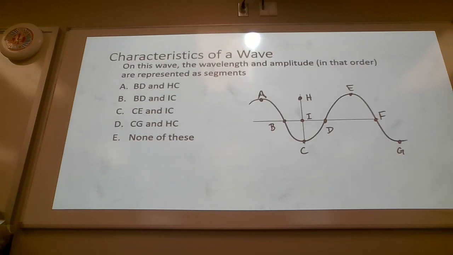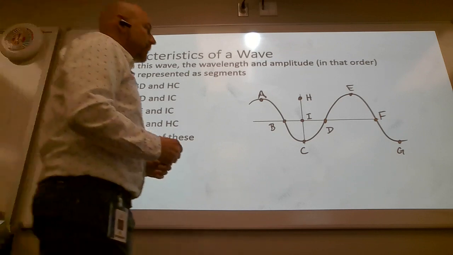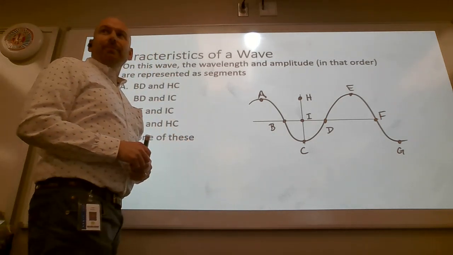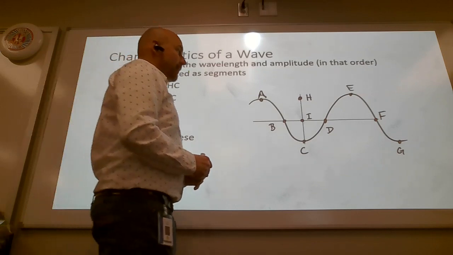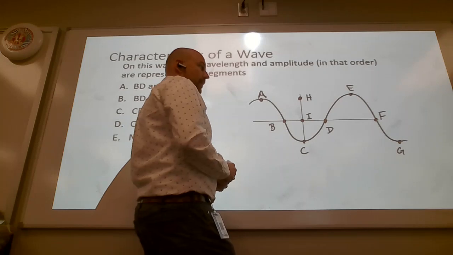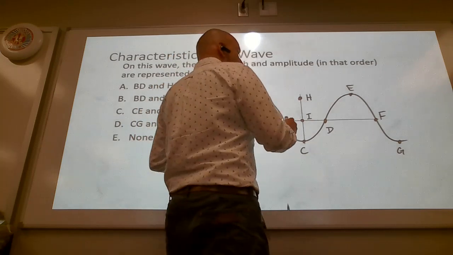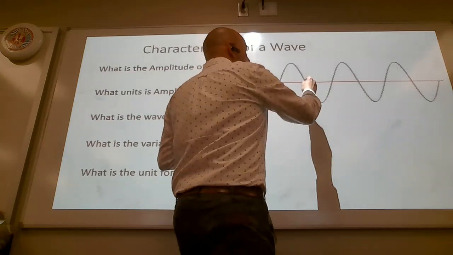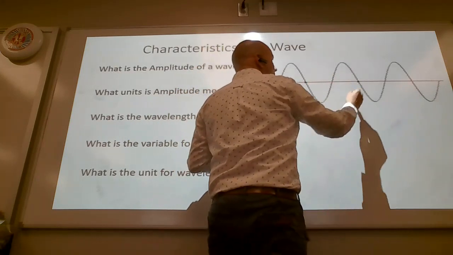Like, okay, so which one's which one? In the diagram that you did when you were putting the amplitude and the wavelength, you had that the wavelength was like where B to D is. So here, I had on here, it was here to here.